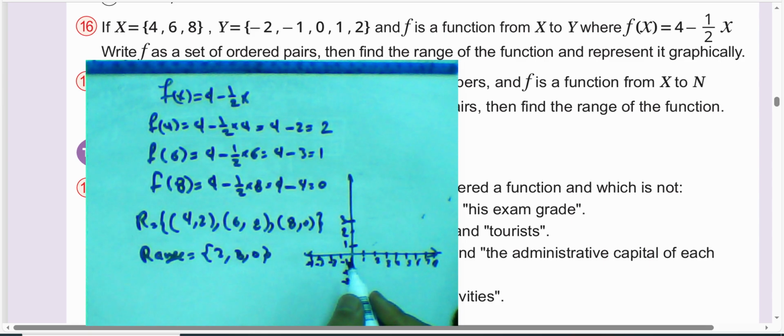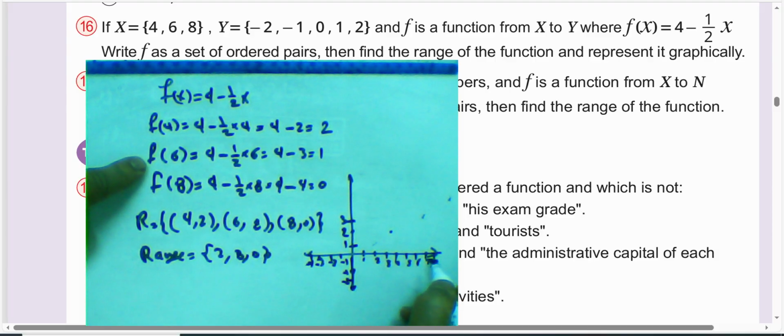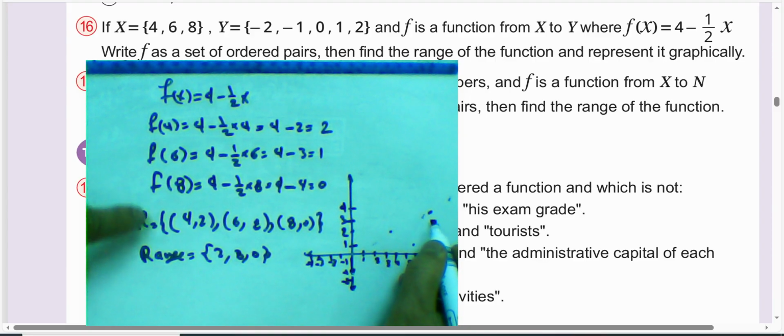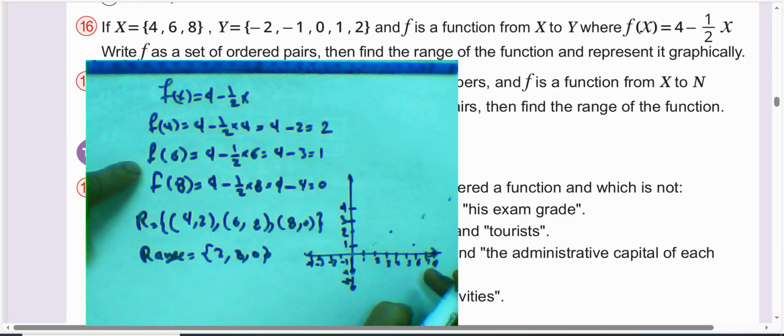The image here: first 4 with 2, 6 with 1, 8 with 0. This is the image graphically.